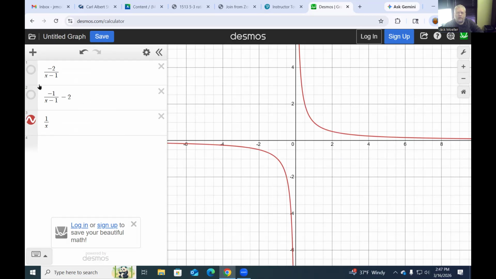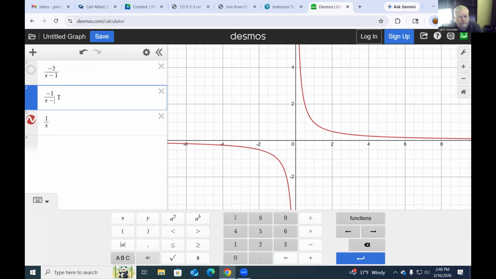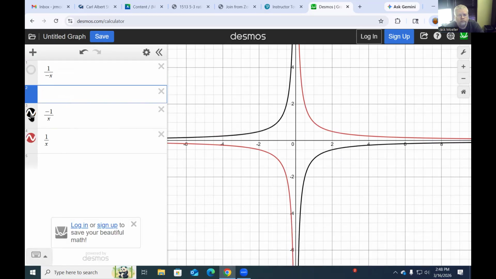And then I don't know if we ever flip these horizontally, but we could put a negative down here in the denominator. So, let me do that. So turn this off.